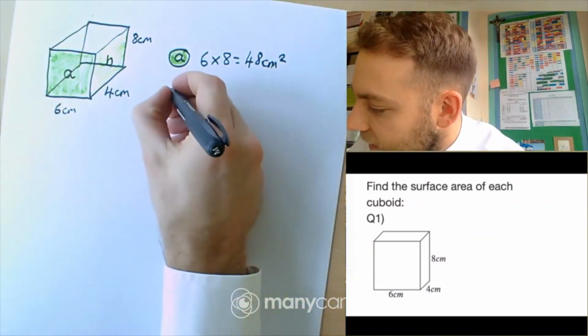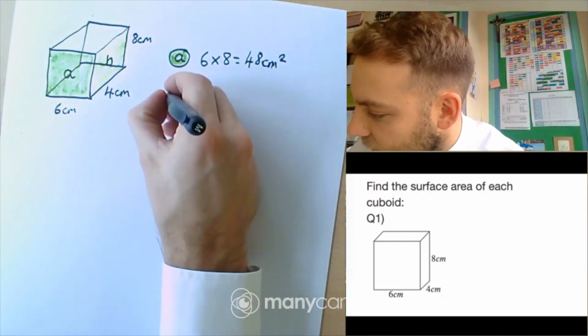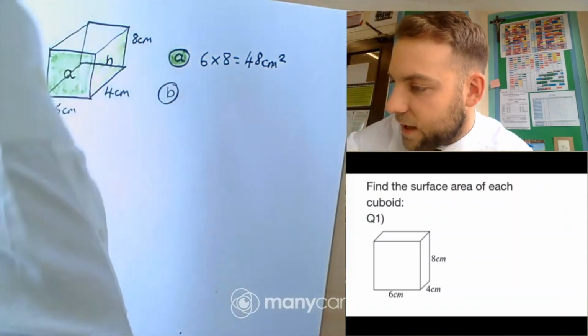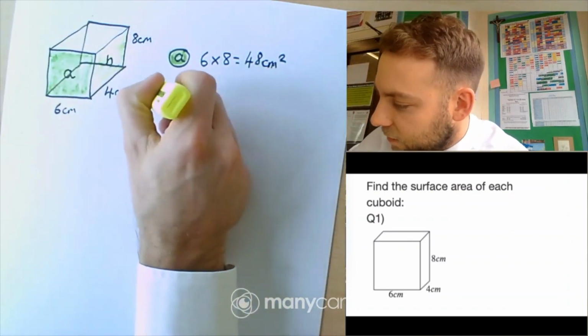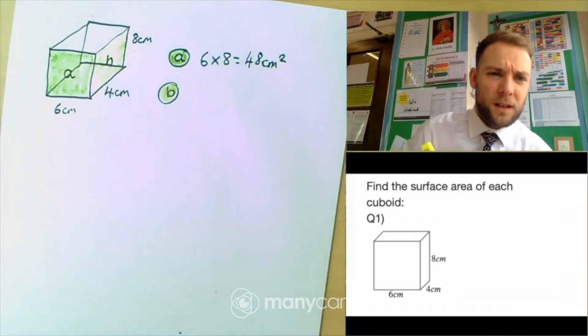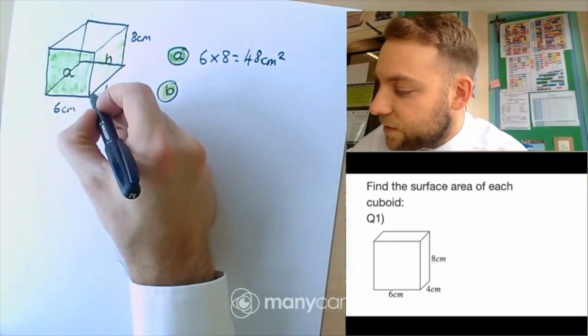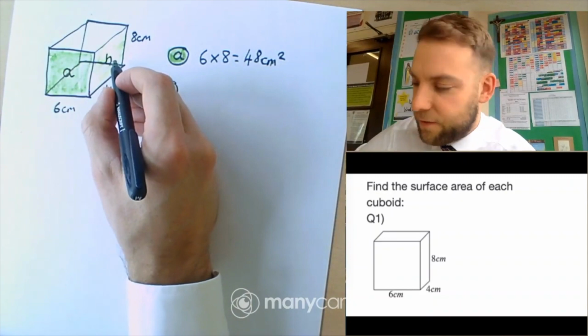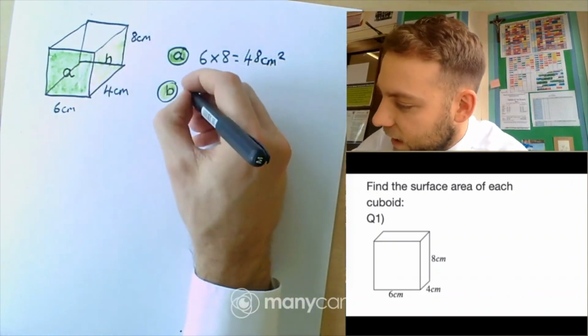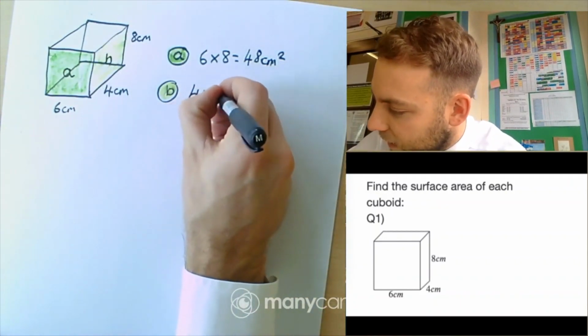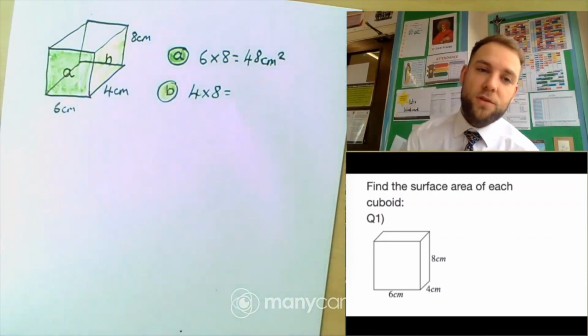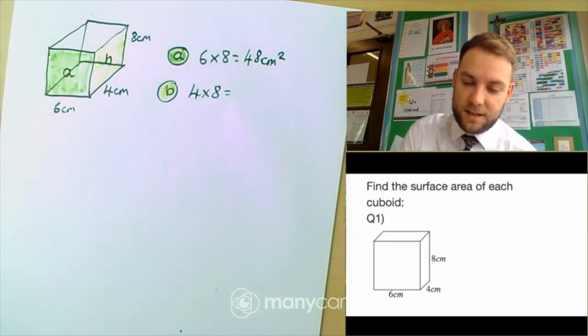Let's write this on the side: this is the area of face B. Just do a little circle there, and put that one in yellow. So face B, the dimensions of this are 4, and the height of this is 8. So this one is going to be 4 times 8, which is equal to 8, 16, 24, 32.